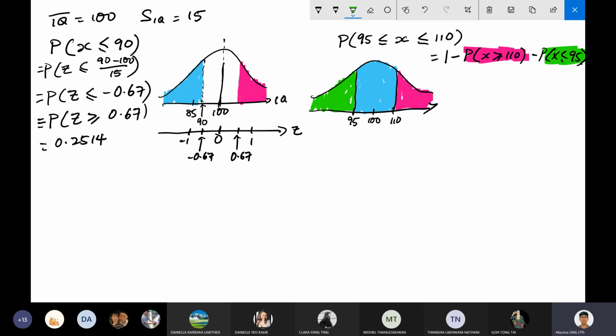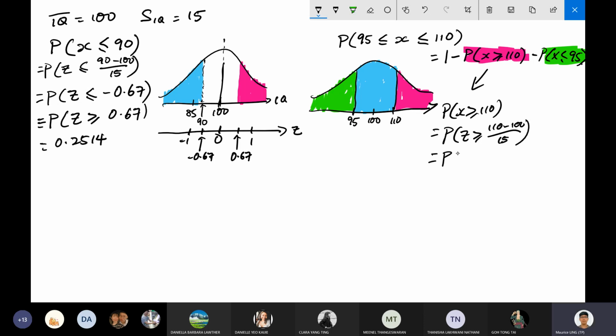Similarly, let's do one at a time. If we do this first, P of x more than 110 is equal to z more than (110 minus 100) divided by 15.